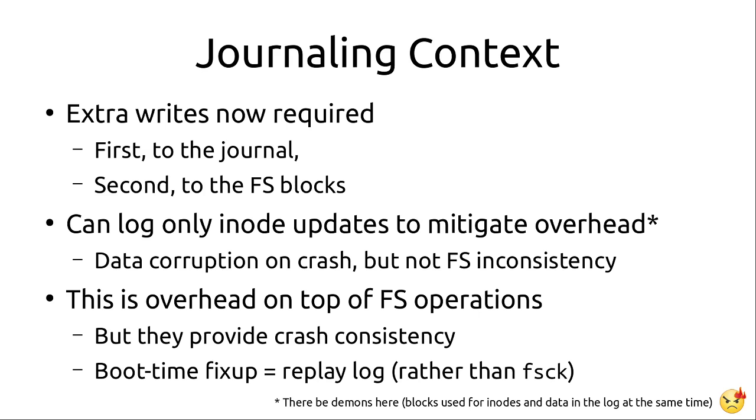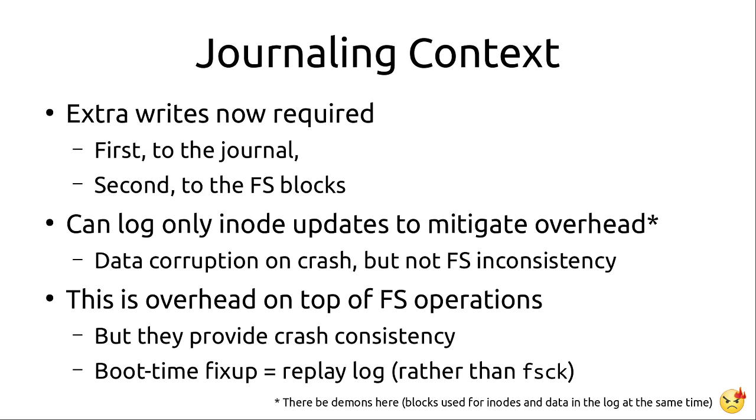Therefore, you could end up with corrupted data within files, but your file system structure with respect to the inodes will always be consistent, right? So this is a halfway point. At least you aren't going to be losing portions of your file system data structure or needing to do FS checks that are really expensive when you boot up, right? But your data could get corrupted, which is not awesome, right?